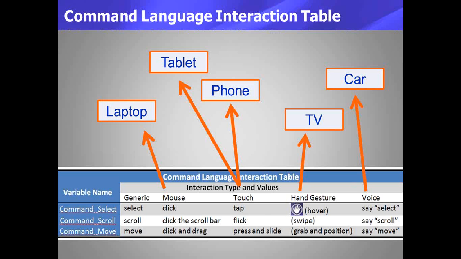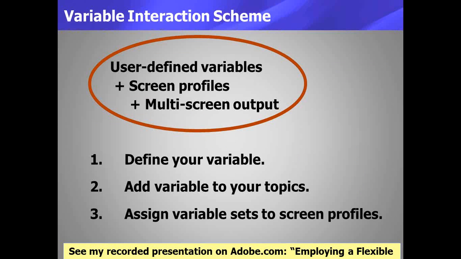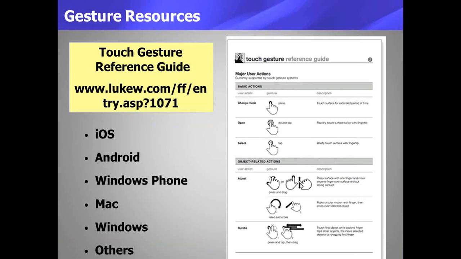So for example, with RoboHelp, I can express a variable name in my procedure instead of using a typed version of the verb, and then it'll automatically make adjustments depending on what I choose when I'm outputting that information. And I talk about that scheme in another presentation on adobe.com that you could take a look at.